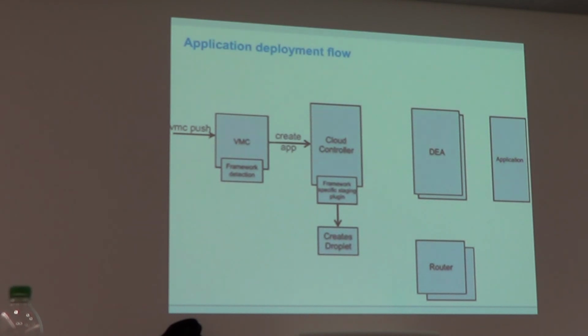I don't know, something from the very far away past, and you could run it there. And then when this knows which framework needs to run, has a droplet, and then it will find the DEA for your app. One of the DEAs will say, yes, I'm available, and it will deploy the droplet. The application will be started, then the routes will be updated for your app, as I said before.